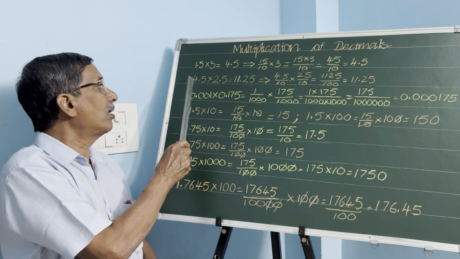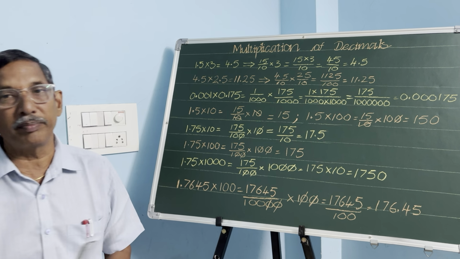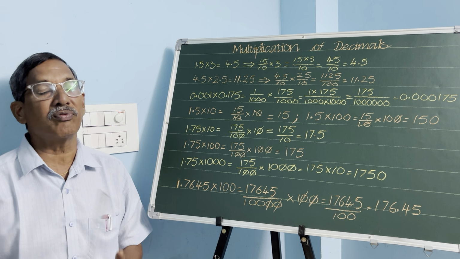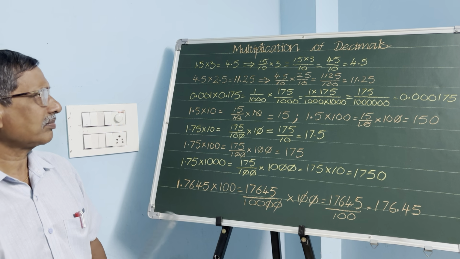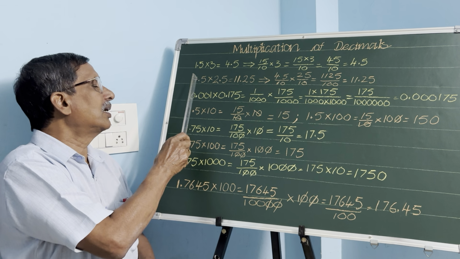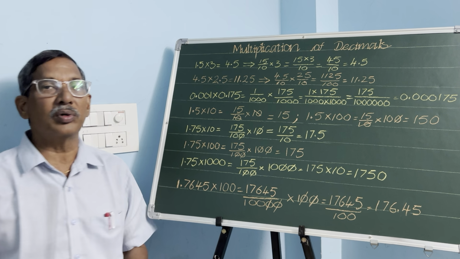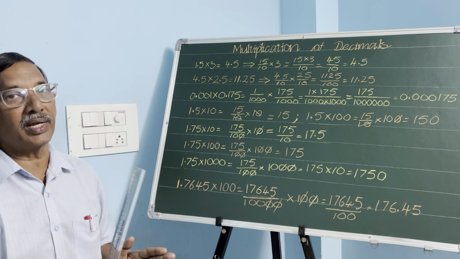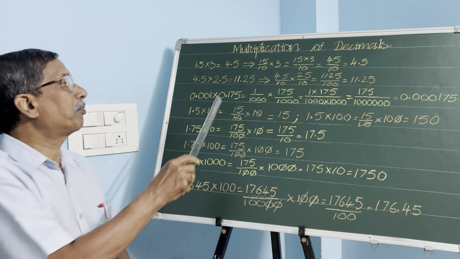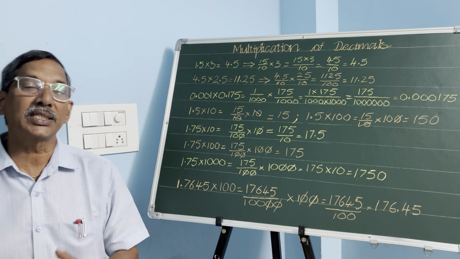See here, 4.5 multiplied by 2.5. Here there are two decimal points, one in the multiplier and one in the multiplicand, so the product should have two decimal points.